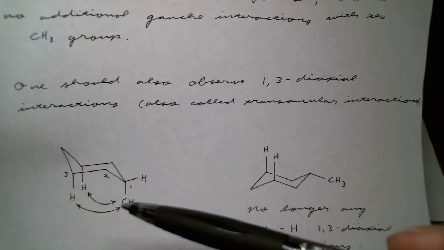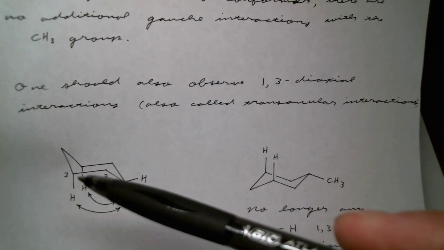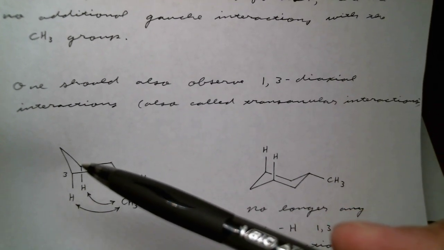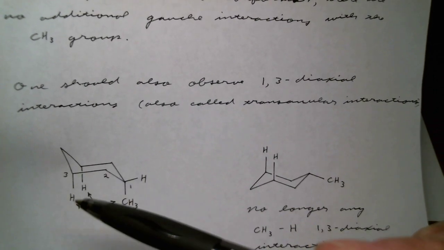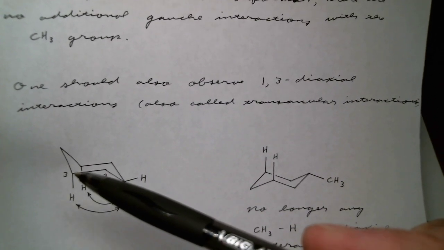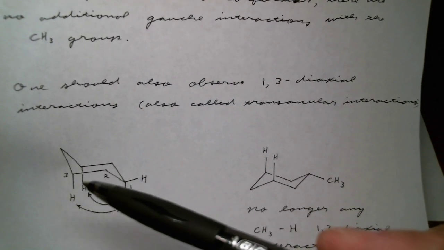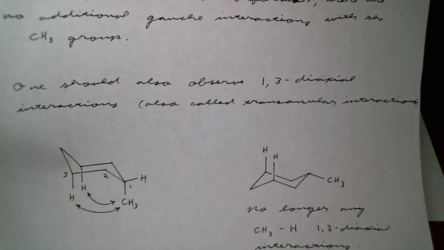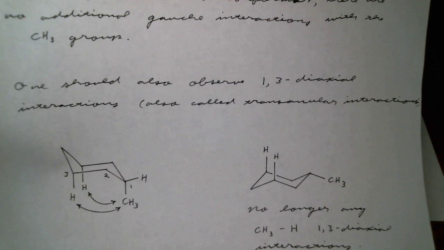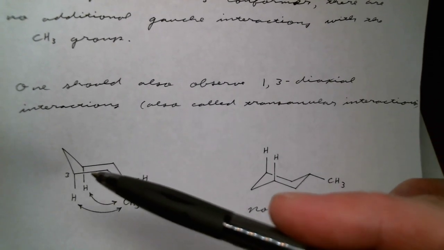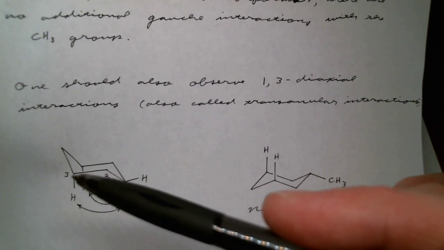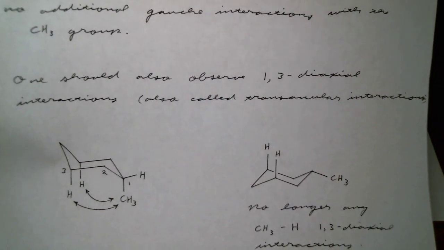It's not that the methyl group is bumping into carbons 3 and 5. It's actually bumping into the axial hydrogens that are coming off of carbons 3 and 5. So that really is your gauche butane interaction. It's between the hydrogens on the methyl group and these axial hydrogens on carbons 3 and 5 in the ring.